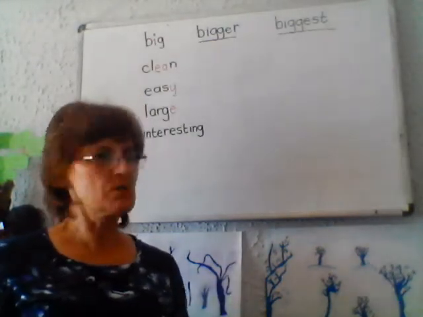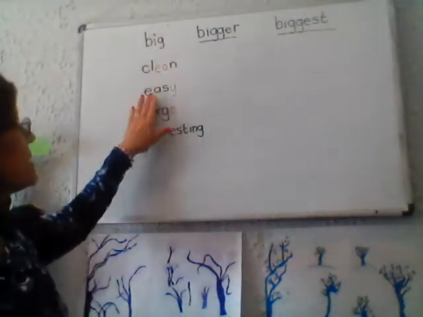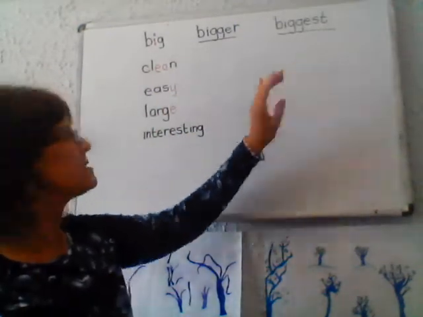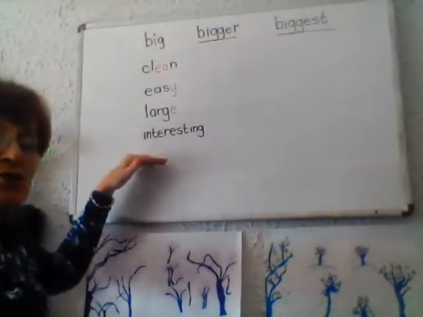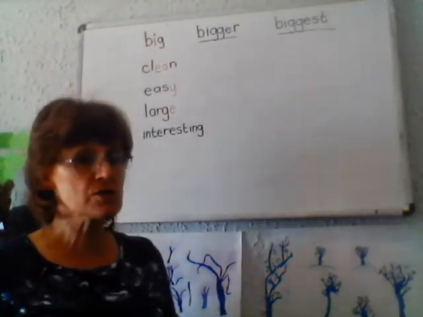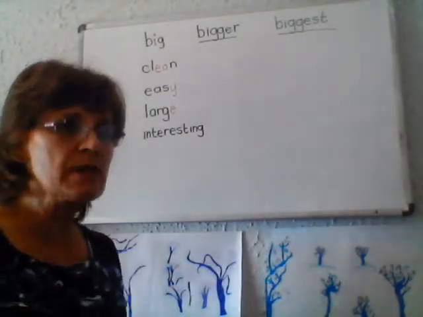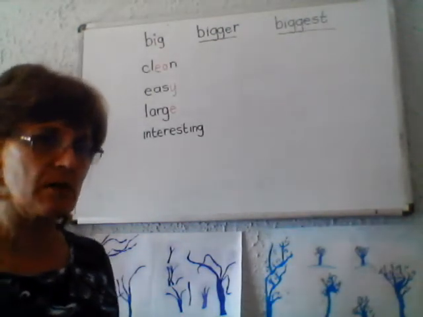Now you will know these: clean, cleaner, cleanest; easy, easier, easiest; large, larger, largest. But before we do this, let's go back, and I want to teach you something that you have to keep in mind when you write down words of comparison.